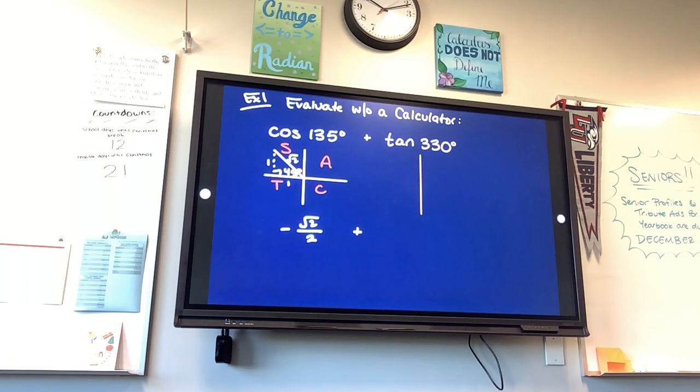330 is in which quadrant? Fourth quadrant. With what reference angle? 30 is correct. Draw the triangle to where? X-axis. Okay, now across from 30, I write what? 1. Across from 60, hypotenuse. And don't forget.